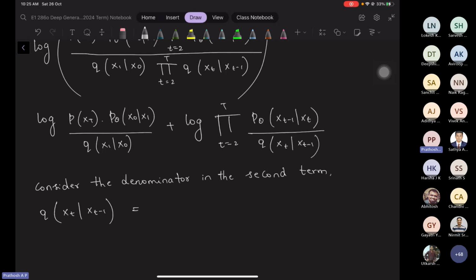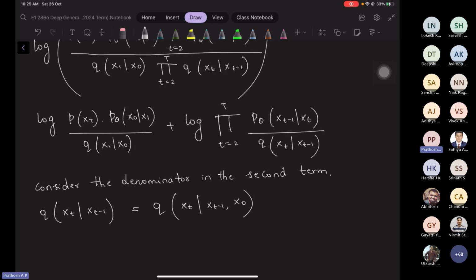Now this can be written as q of xt given xt minus 1 and x naught. Can I write it this way? Why do I do that? This is because of algebraic convenience. As we will see later, if we write this, then optimizing the ELBO will become easier. There is one vague interpretation that people have given in the original paper. I'll also mention that, but this is mostly because of algebraic convenience.